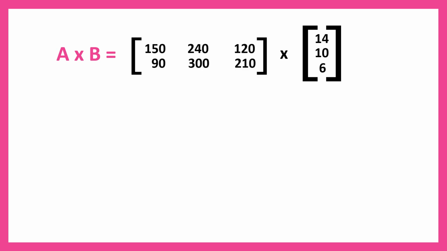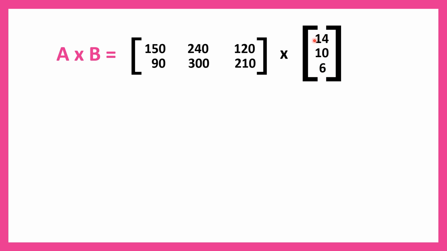And so it is very much clear from the question that we have to multiply the A matrix with the B matrix, A matrix into B matrix. The first column of the A matrix shows the stock of large sized toothpaste. This column shows the stock of medium sized toothpaste, and this column shows the stock of small sized toothpaste. And this matrix shows the cost of each type of toothpaste.